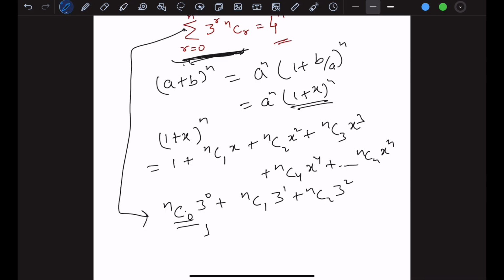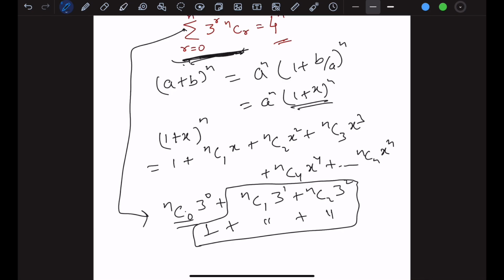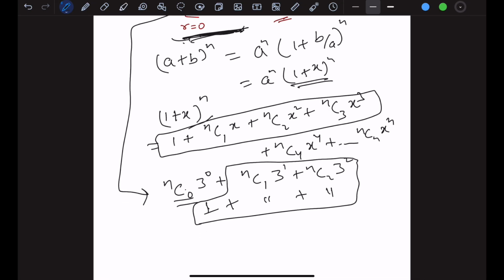So it's basically 1 plus this term plus this term. And this is similar to this here, right? We have 1 in both. We have nC1 into x, nC1 into 3, nC2 into x square, nC2 into 3 square. So basically, this thing can be written as (1 plus 3) to the power n.